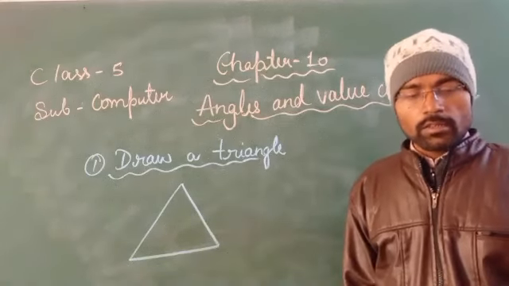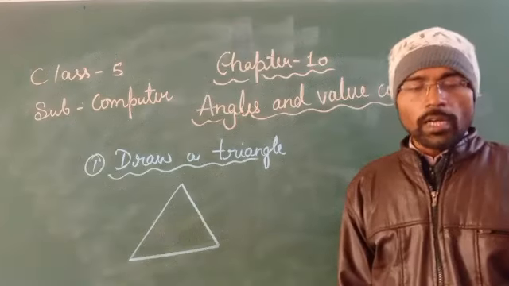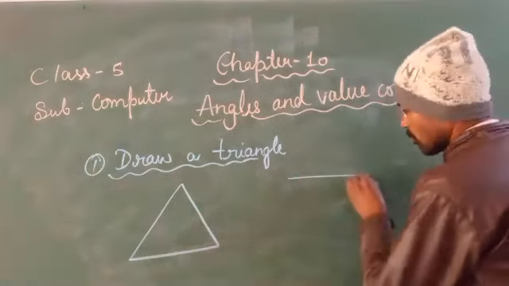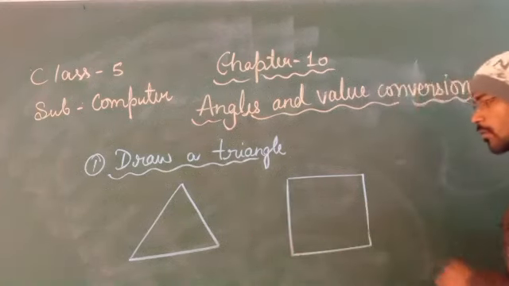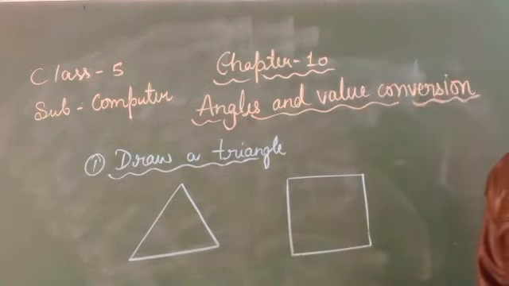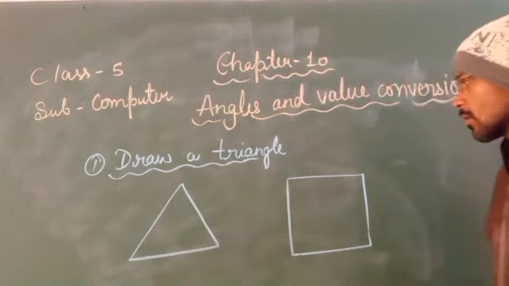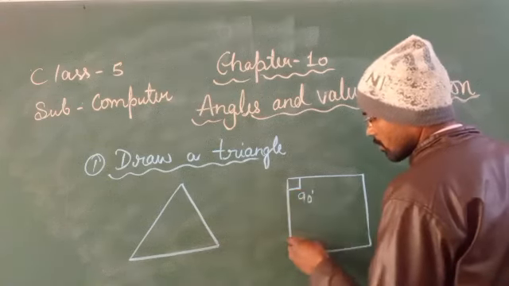Such like this, draw a square. A square is a four-sided shape, and it has 90-degree angles.